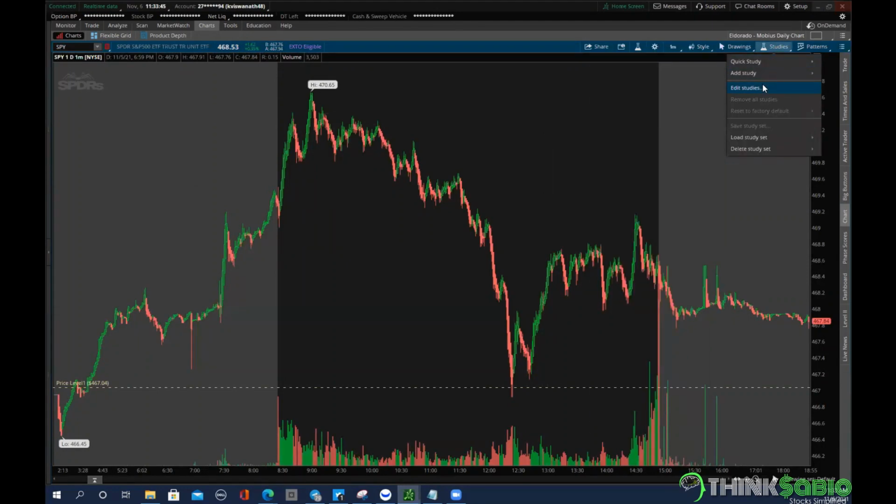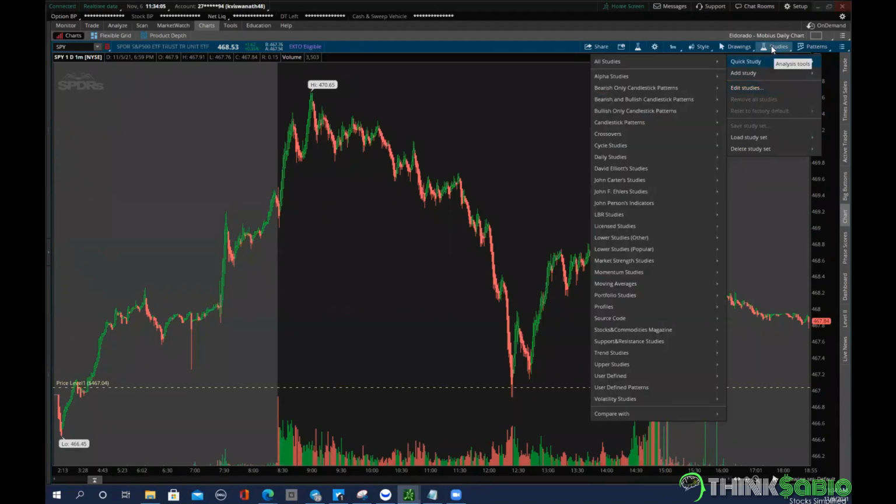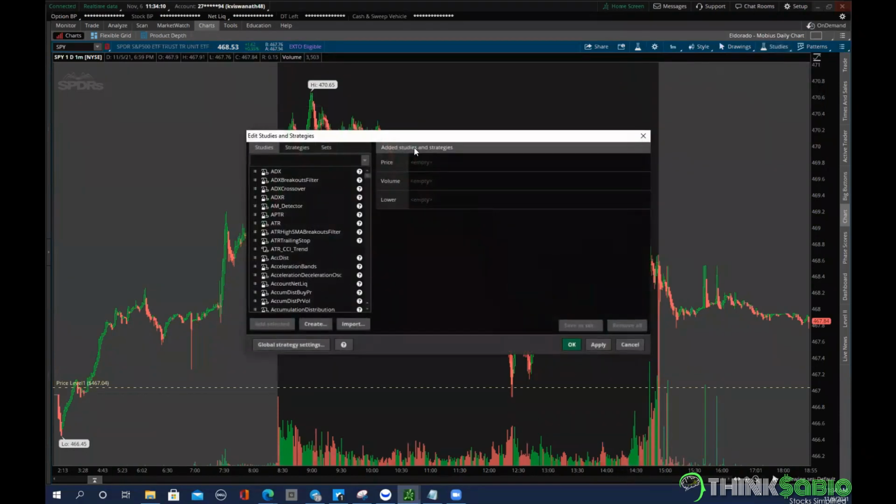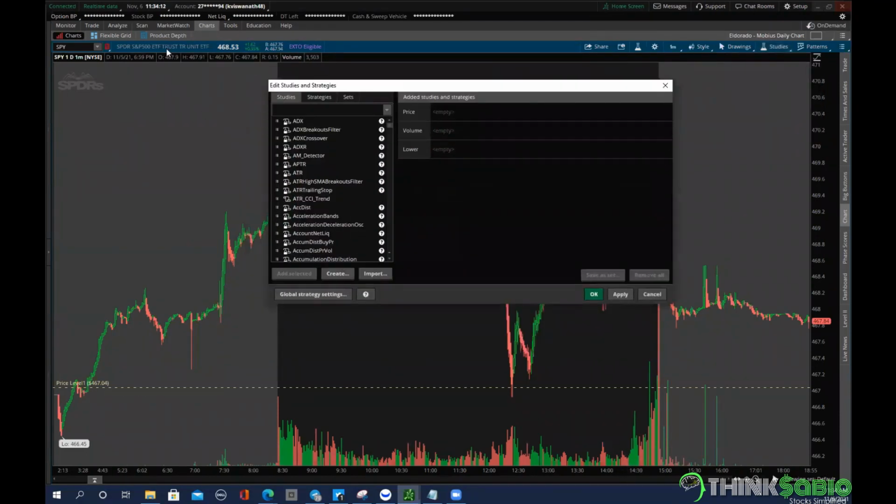So a study is basically an indicator, and you have many studies on Thinkorswim or TradingView or TrendSpider. What you have to do is understand which are the key important studies, and then how they help you trim your edge using the platforms, right? You have to go to studies here. I'm only showing Thinkorswim because this is what I use. I do not use Thinkorswim for my trading.